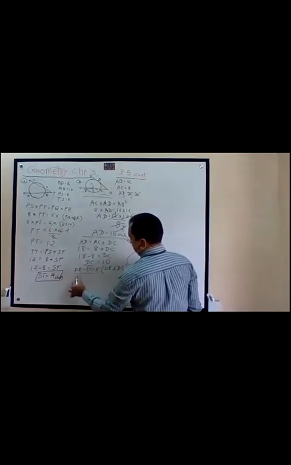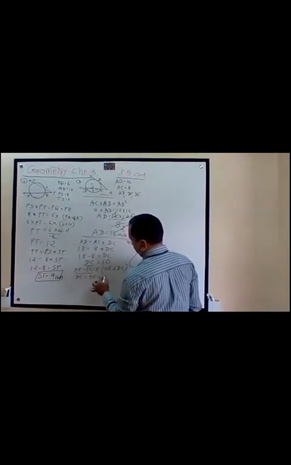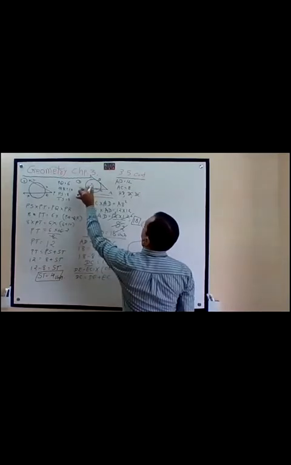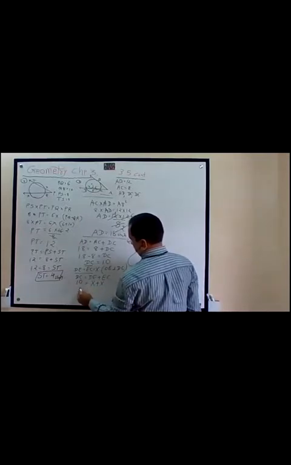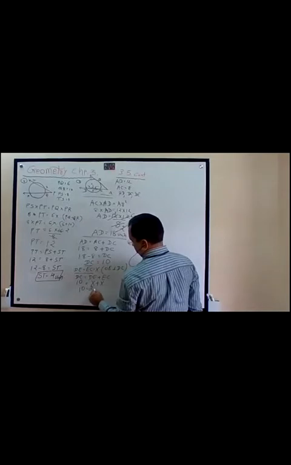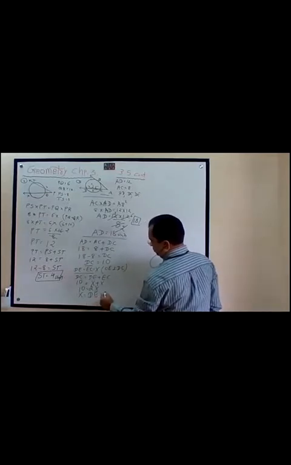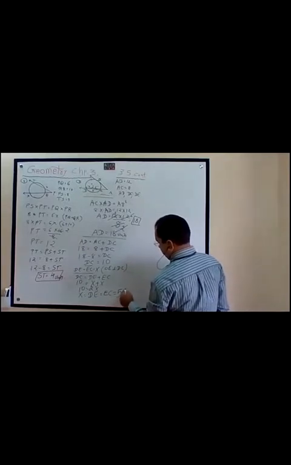Both are equal, and DC is equal to DE plus EC. This much is 10 and both are equal, so both are 5. So X is equal to DE is equal to EC is equal to 5 unit.